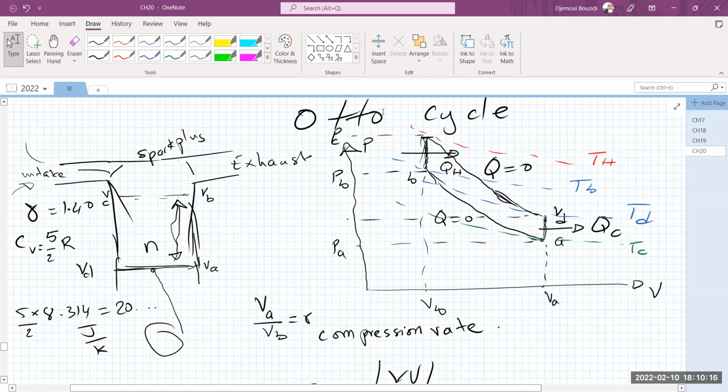The temperature becomes so high now that the fuel will ignite on its own. You don't have to wait because the temperature is so high when you compress it, before you even reach that compression rate where it needs to ignite using the spark plug, it's going to ignite on its own. And that is the knock you hear in the engine.